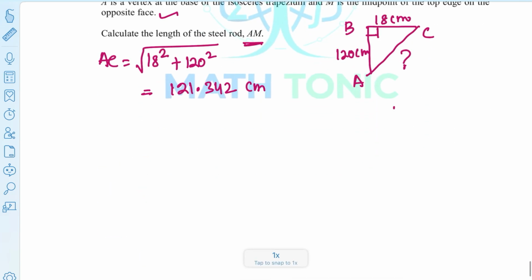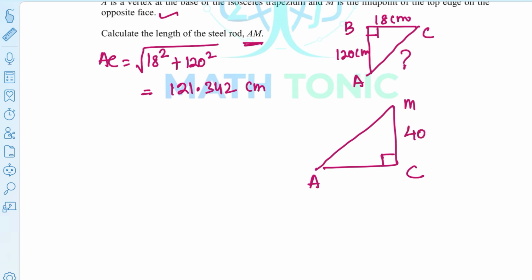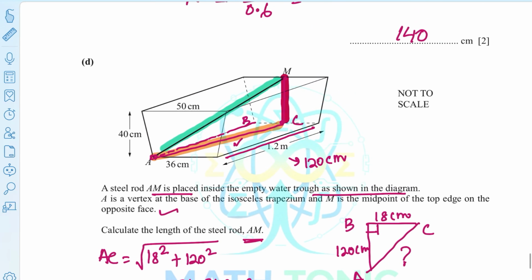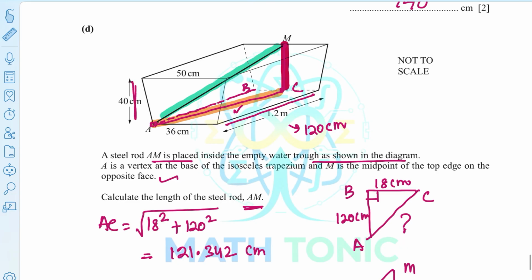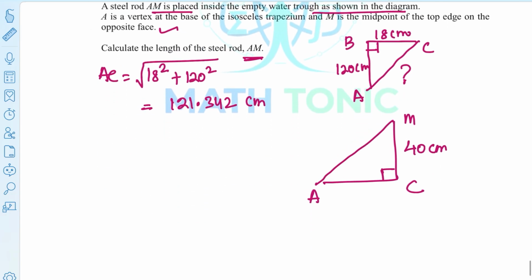Right now, AC is a part of the AMC triangle. Let me draw this triangle again. This one is A, this one is M, and this one is C. This one is given 40 centimeter height, and this height is also 40 centimeter, right? Now AC we got 121.342, and we can find the value of AM.